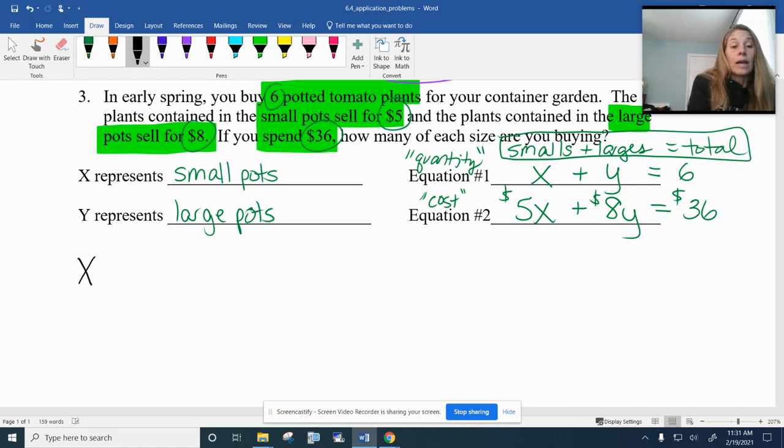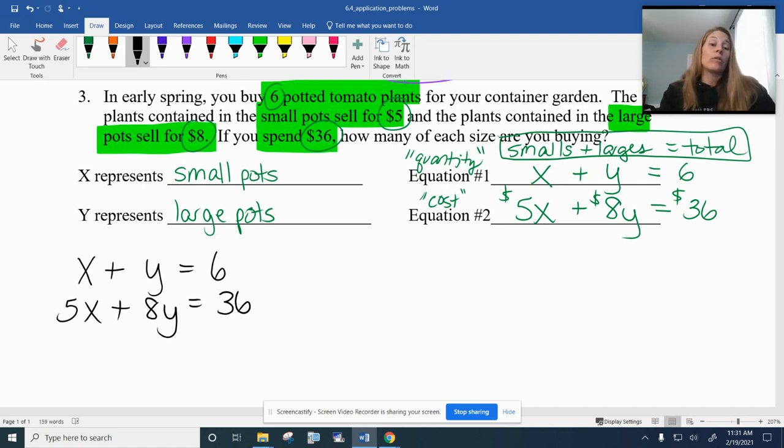And now you can use any method you want to solve this. However, I believe that elimination method is definitely the go-to since they're both set up for you in standard form. However, if you did substitution method and you just wanted to get the y by itself or the x by itself and substitute, that also works.